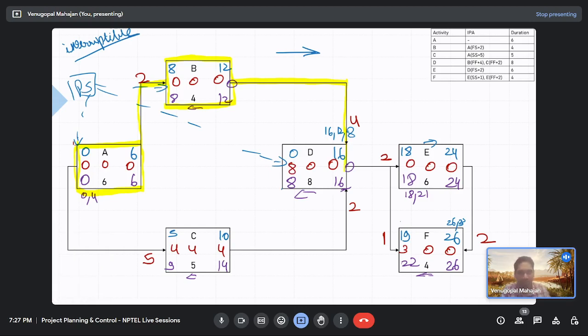So finish of activity D is only critical. Now activity E is completely critical. So which relationship is critical now? You can see that finish of activity F is critical, not its start, right? So this is your critical path.